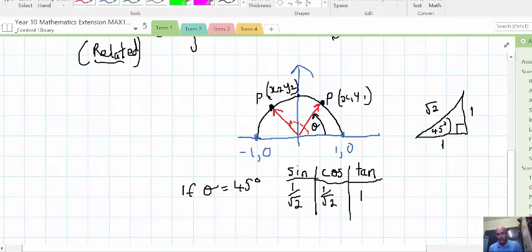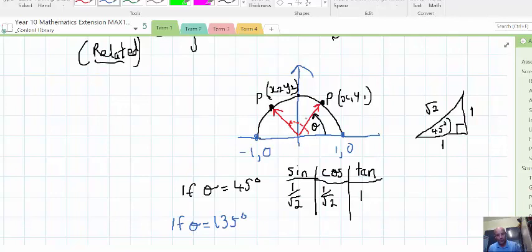It was an isosceles triangle of 45, 45, 90 angles, and 1, 1 and root 2 for the hypotenuse. That's from a previous bit of work we did. And you can see the values for sine, cos and tan we achieved last time in that table that's just popped up. So what would it be if we had, say, 135 degrees?